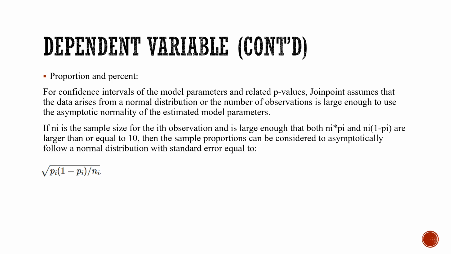If Ni is the sample size for the ith observation and is large enough that both Ni pi and Ni (1 minus pi) are larger than or equal to 10, then the sample proportions can be considered to asymptotically follow a normal distribution with the standard error equal to the square root of pi (1 minus pi) divided by Ni.